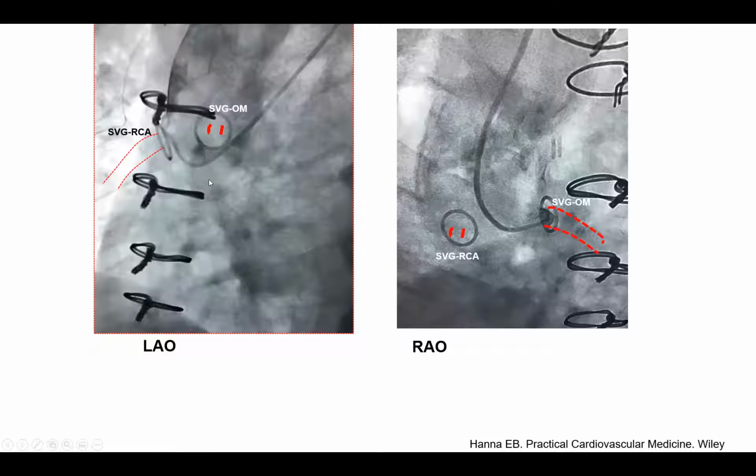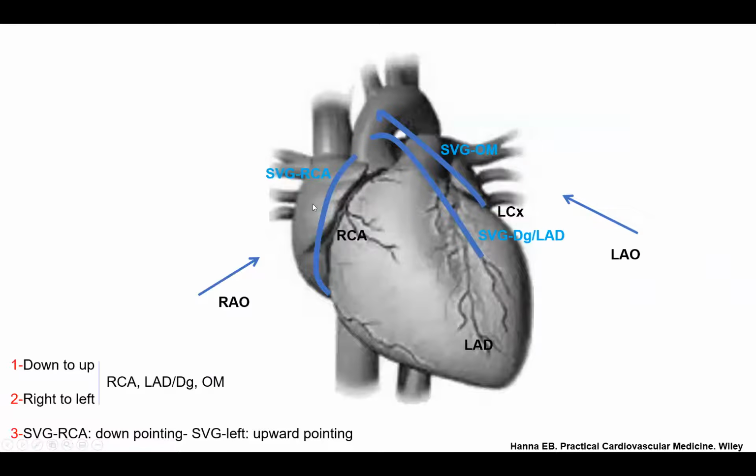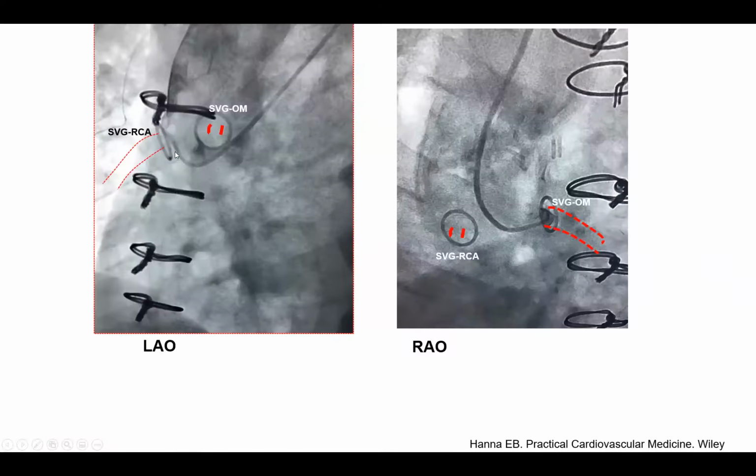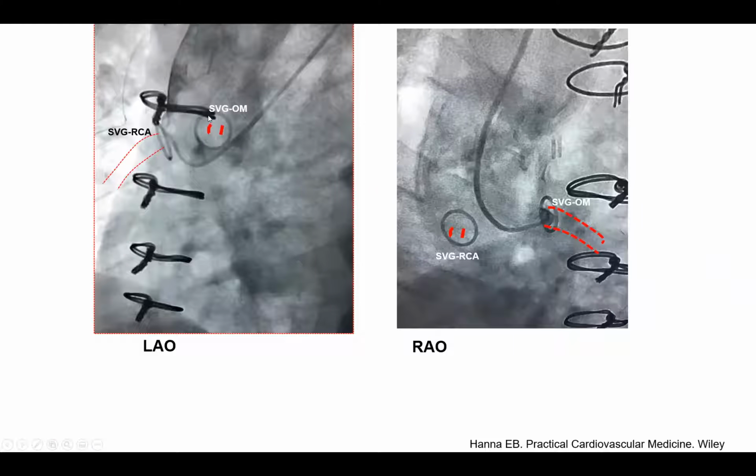This is another patient, but to show the concept. This is an LAO view, and we have circles around those grafts. This is a graft to the RCA, you have markers. This is a circle surrounding the graft to the RCA, and this is a circle surrounding the ostium of the graft to the OM. And you can see in LAO view how you're orthogonal to the graft to the right, whereas the graft to the OM in an LAO view, it's looking at you.